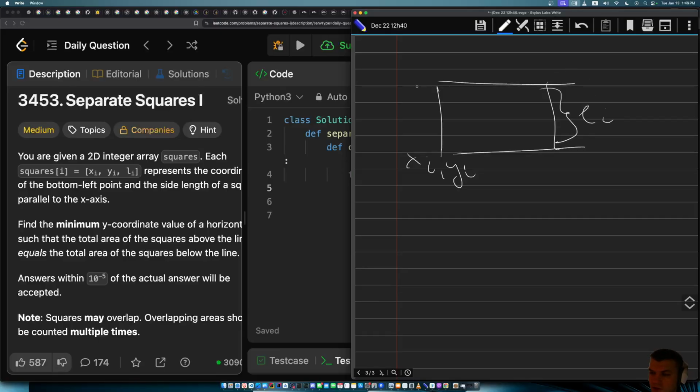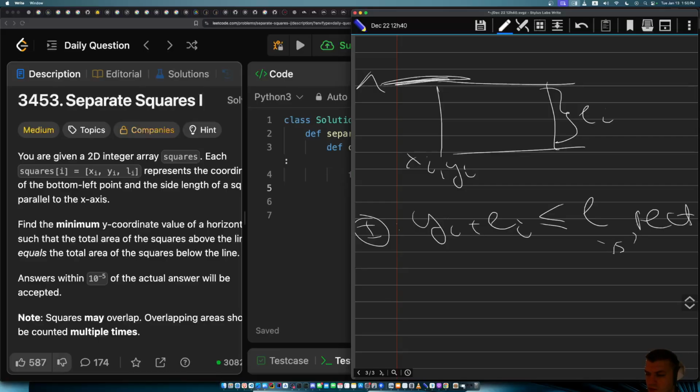So if the level is above, if yi plus li is less than or equal to level, that's the first case. In this case, the rectangle is below the line.